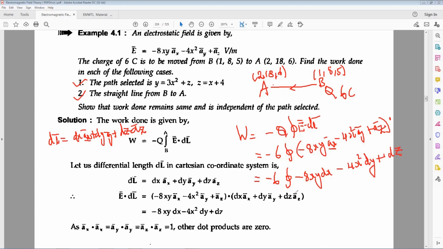Got it, my students? So apply the integral with respect to x here.